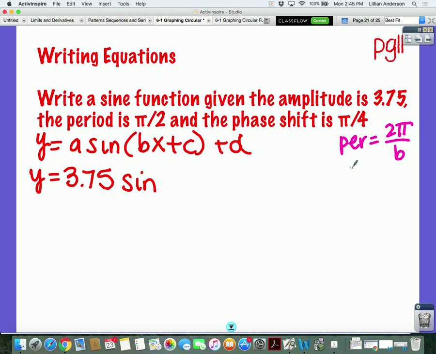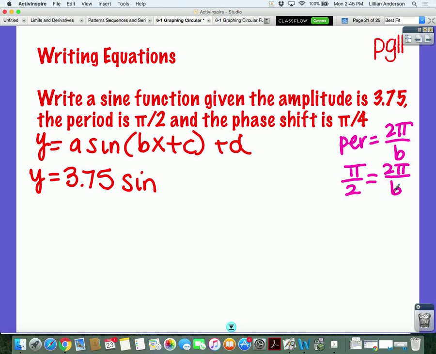Since we know our period is pi over 2, we're going to plug that into this equation and use it to solve for b. Does everybody see that? We're not given the b, we're given the period, so we have to go backwards. We have to set the period equal to 2 pi over b and find b.